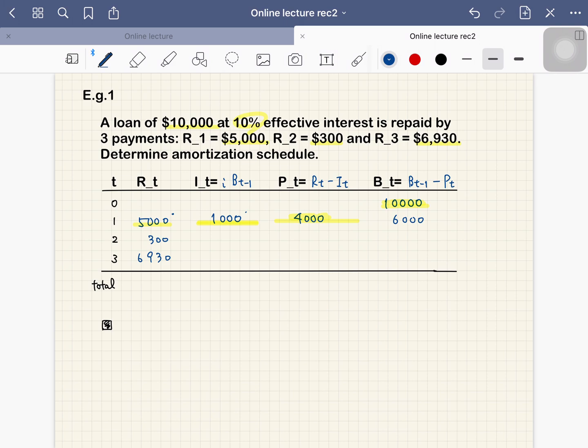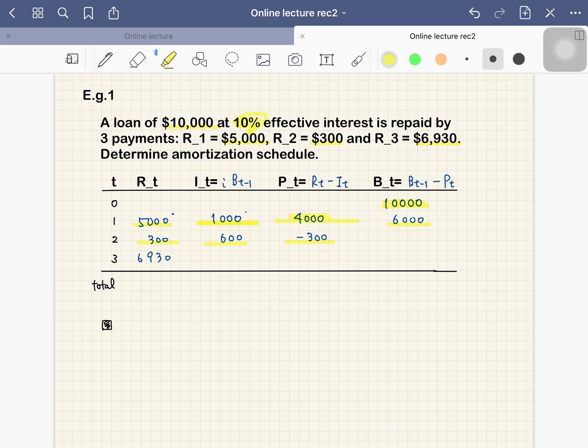Okay, so we repeat this to identify the other quantities. $6,000 at 10%, so interest is $600. The total payment is $300, but the interest is $600. So actually the principal increases. So principal repaid is negative $300. This kind of payment is possible, especially the financial crisis in 2008.